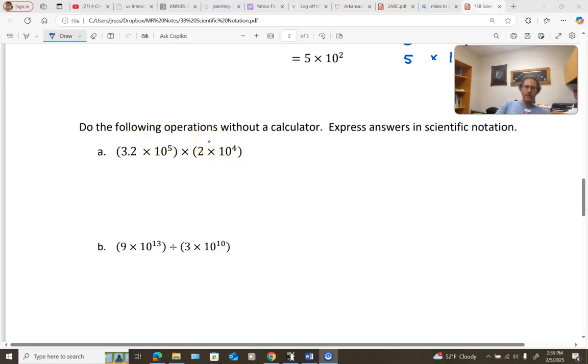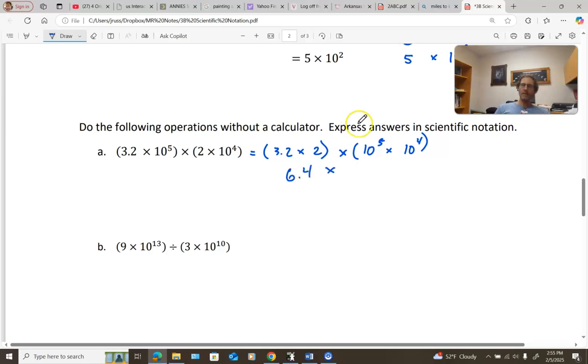So this means we're going to multiply the 3.2 times the 2, and then we'll multiply the 2 powers of 10, the 10 to the 5th times the 10 to the 4th, okay? Well, you can do this by hand on paper. 3.2 times 2 is 6.4.